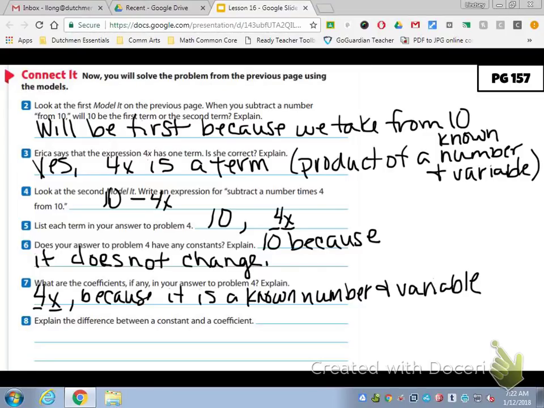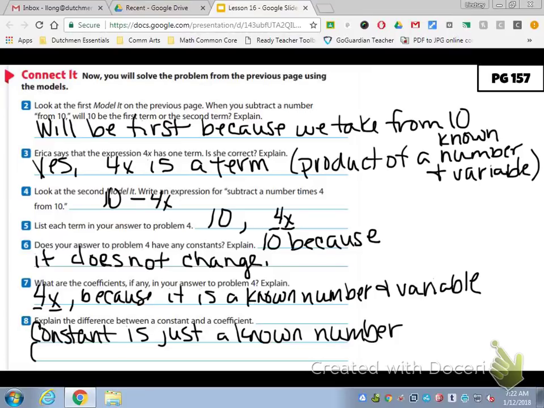Number 8, explain the difference between a constant and a coefficient. A constant is just a known number. And the coefficient is a known number with a variable.